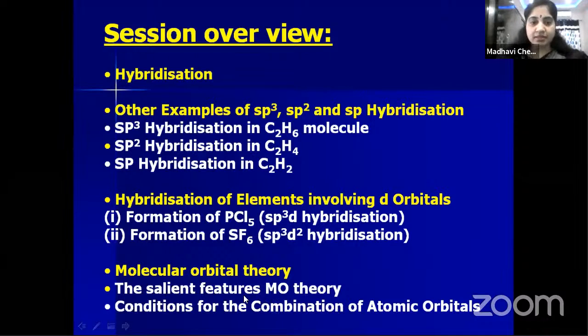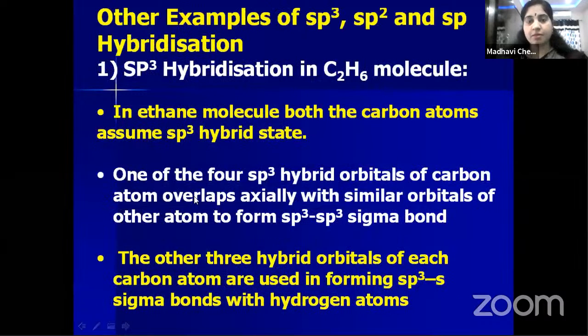So now let us start the session with hybridization. Some more examples of sp3, sp2 and sp hybridization. First, let us see sp3 hybridization in the C2H6 molecule. So what is C2H6, children? Ethane. Two carbons are there and it has all single bonds. So that's why it is ethane, C2H6. Okay.